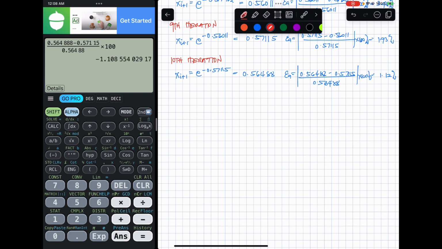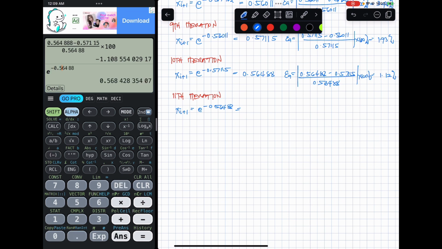Okay, so we proceed with the 11th iteration. So x sub i plus 1 is e raised to negative 0.56488, so that is 0.56843.